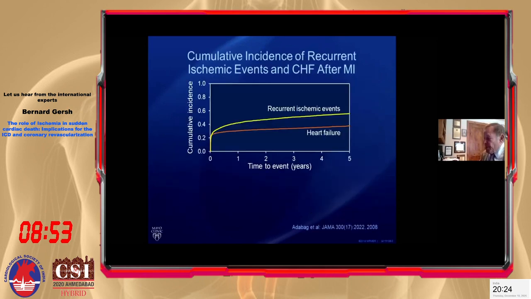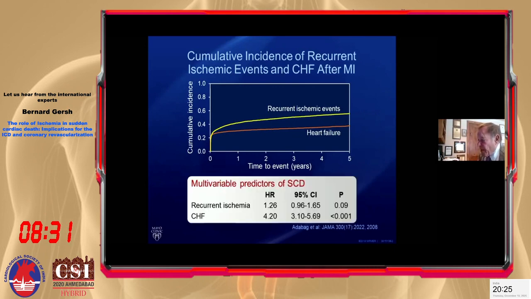This is another study from our group using Olmsted County data. What we show is that in patients after a myocardial infarction, recurrent ischemic events and heart failure are extremely common. And these in turn, I think, are responsible to a large extent for sudden cardiac death.